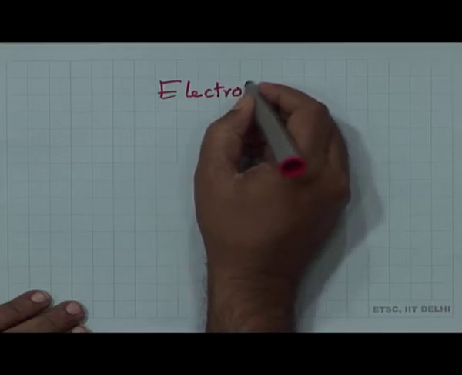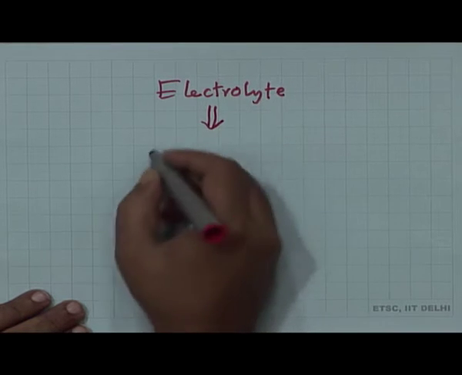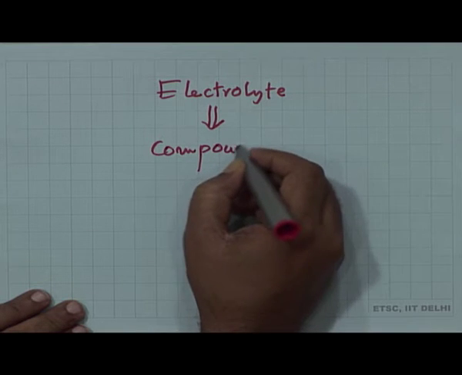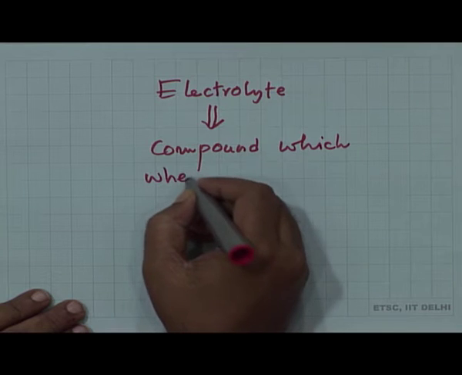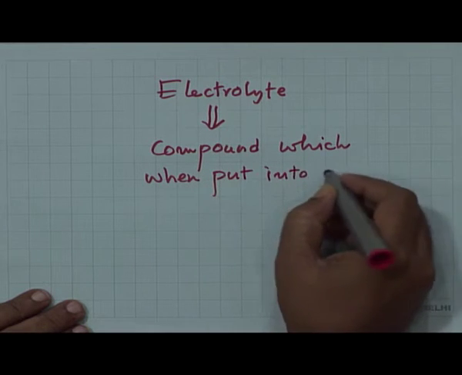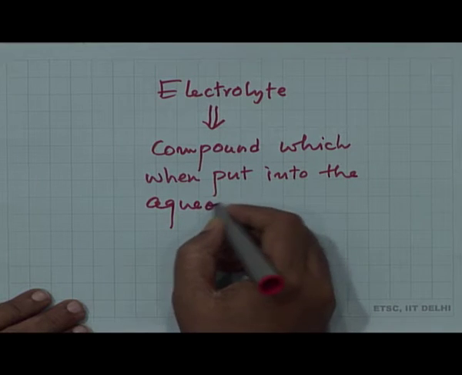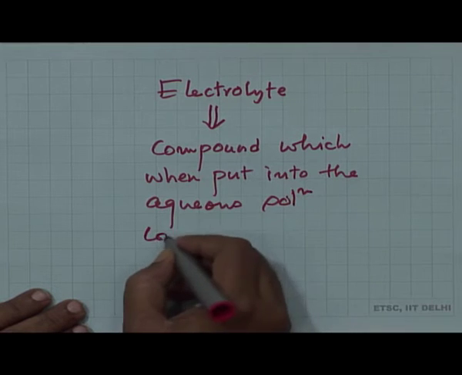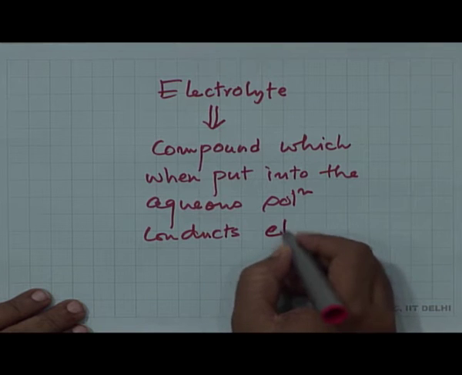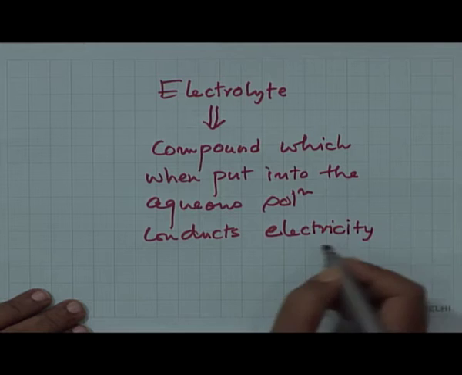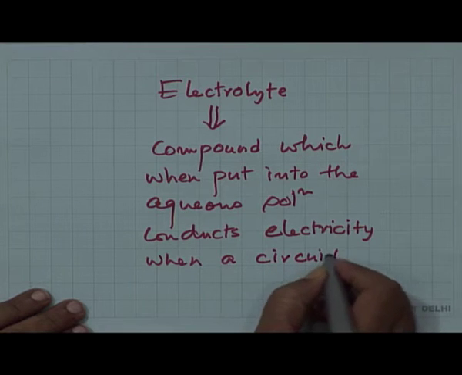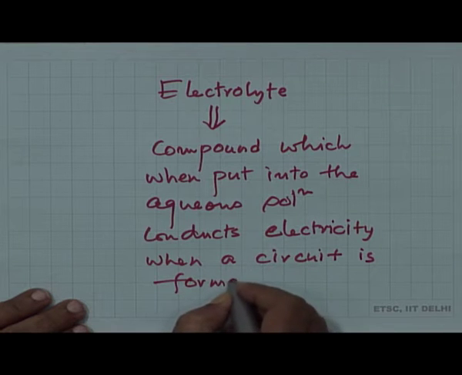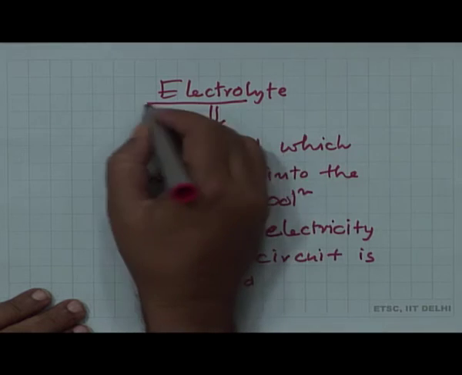What is an electrolyte? An electrolyte is any compound which, when put into an aqueous solution, conducts electricity when a closed circuit is formed, and that is why they derive the name electrolyte.